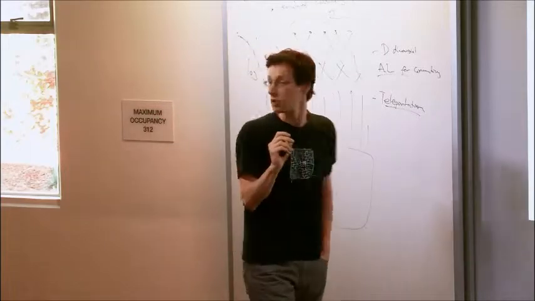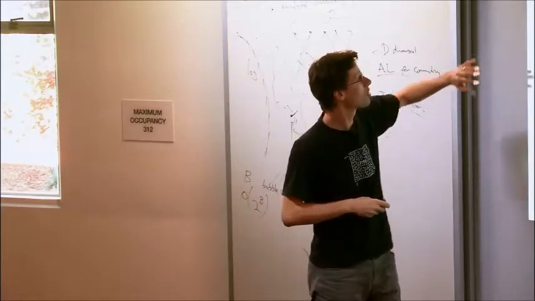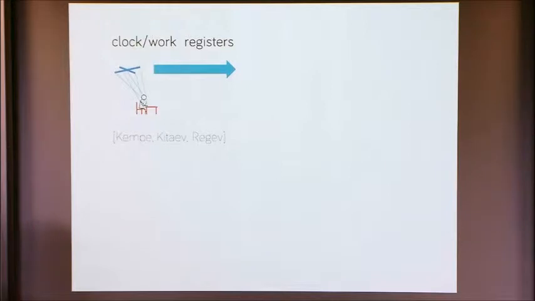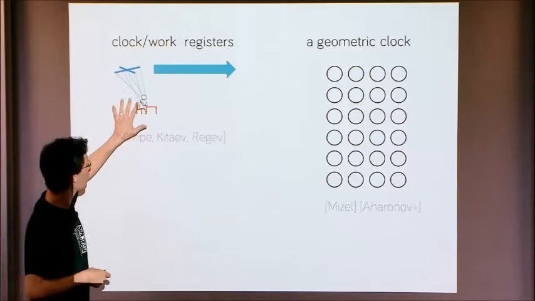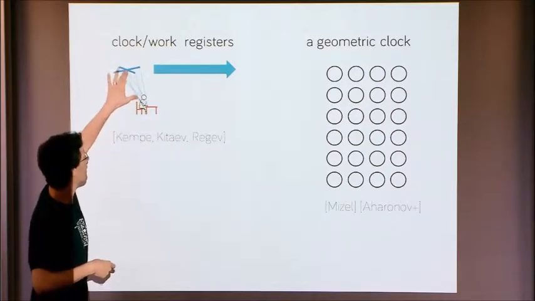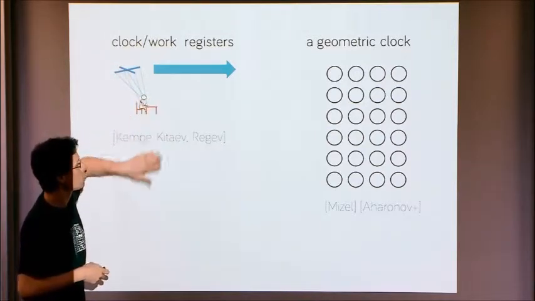Also something that I would like to get away from is this clock and work register construction. Could we get something else there so that we really are not bound by this 1/L² gap all the time? One way of not doing it directly as a clock and work register is doing it with a geometric clock.